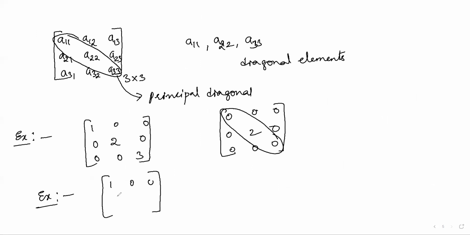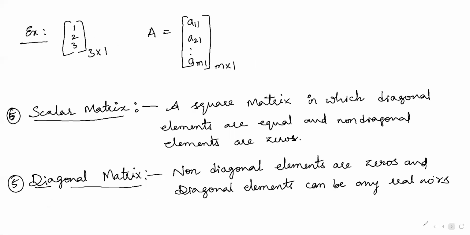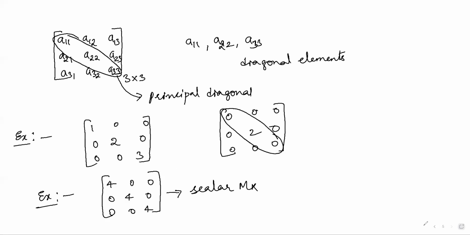For example, 1 0 0, 0 1 0, 0 0 1 is a scalar matrix. If I write 4 also, whatever, as long as the diagonal elements are all equal and the non-diagonal elements are zeros, that is a scalar matrix. So scalar matrix is over.